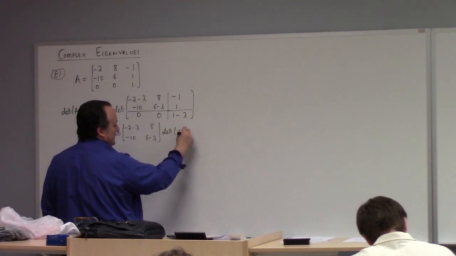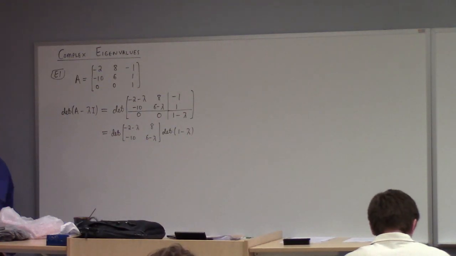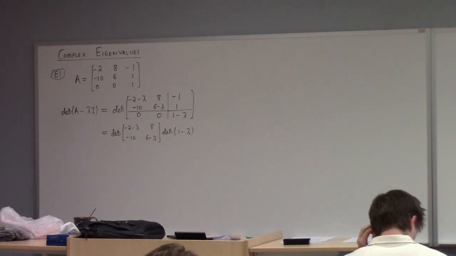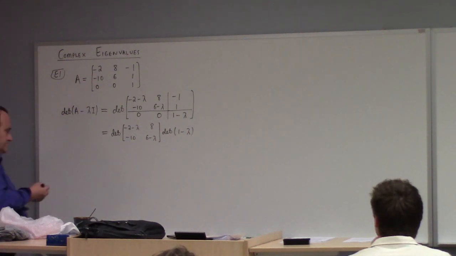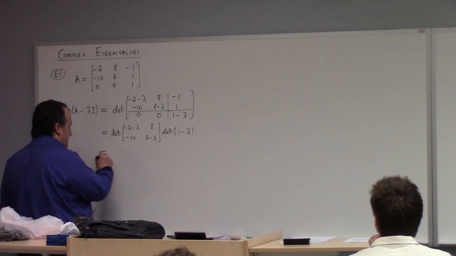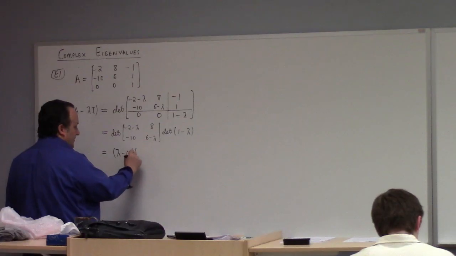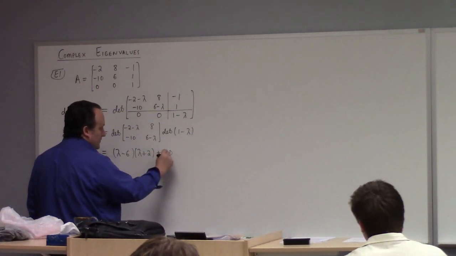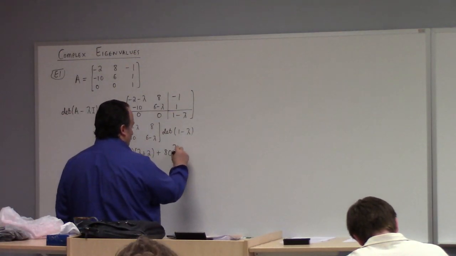I'm writing it this way, but it's kind of dumb. The determinant of a block diagonal matrix is the product of the determinants of the blocks. It just so happens that the block is 1 by 1 there, right? Anyway, what does this give me? Well, this gives me lambda minus 6 times lambda plus 2 plus 80, all times 1 minus lambda.